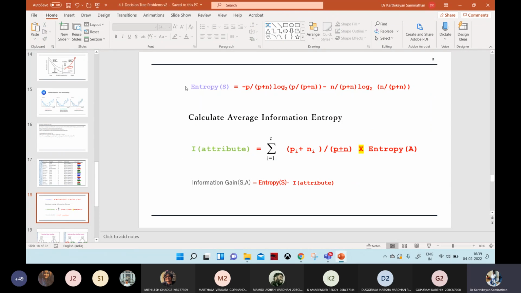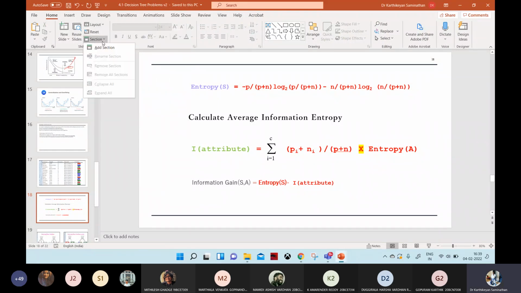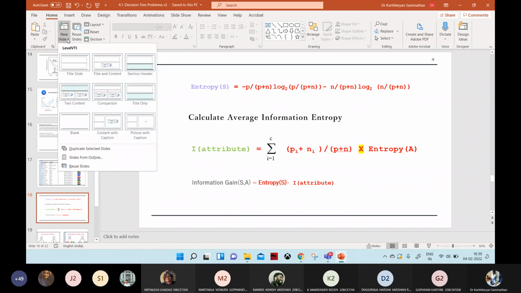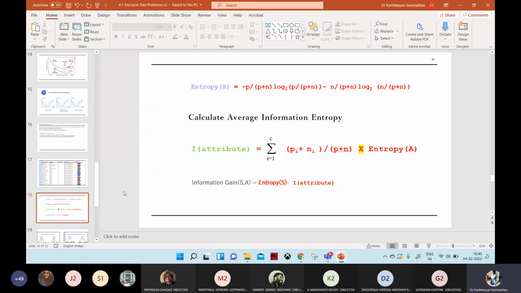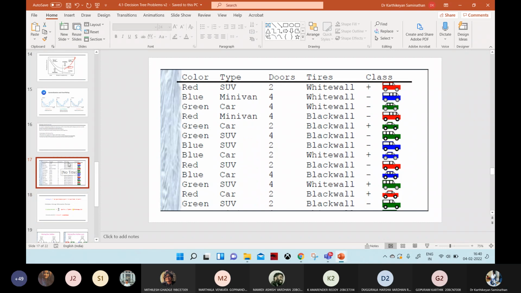So this is your formula. You can just take a screenshot. This is your question. You just note it down.